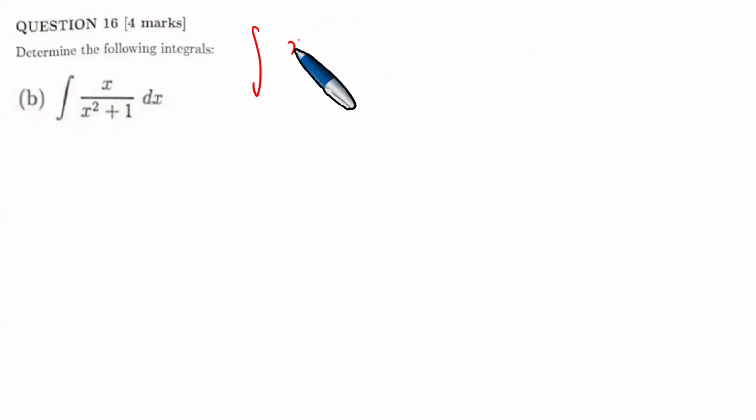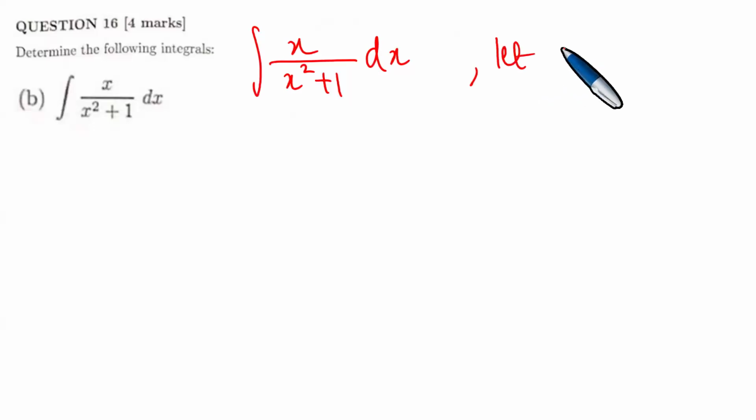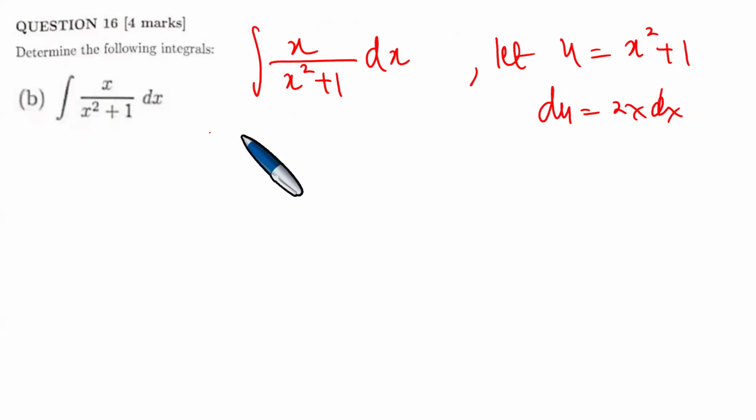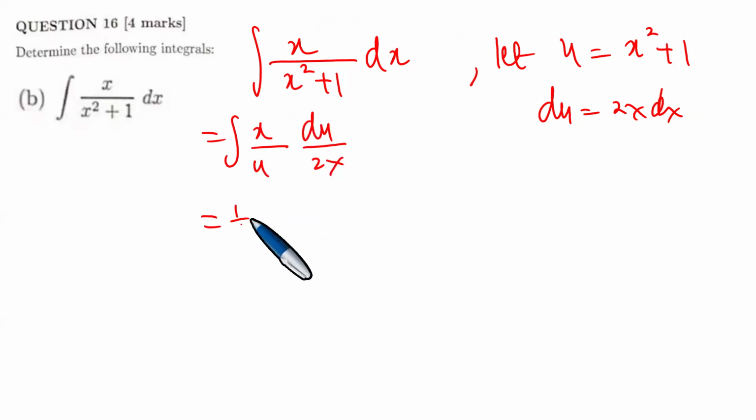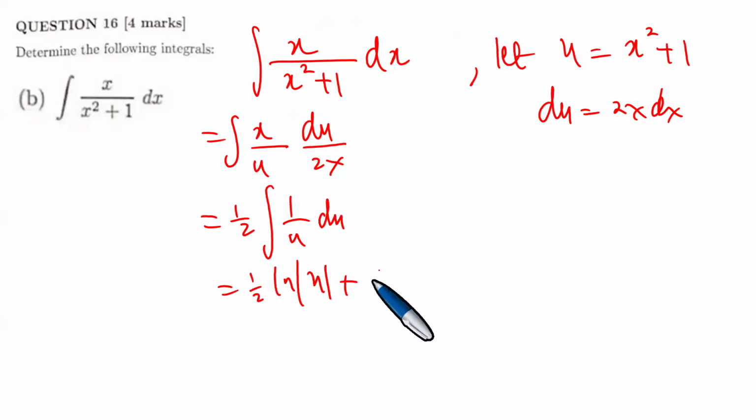If we have the integral of x divided by x squared plus 1 dx, we can also let u be x squared plus 1, and then du is 2x dx. So we have x divided by u, and dx is du divided by 2x. This gives 1 over u du, which is ln u plus c. The ln of u is the ln of x squared plus 1 plus c.